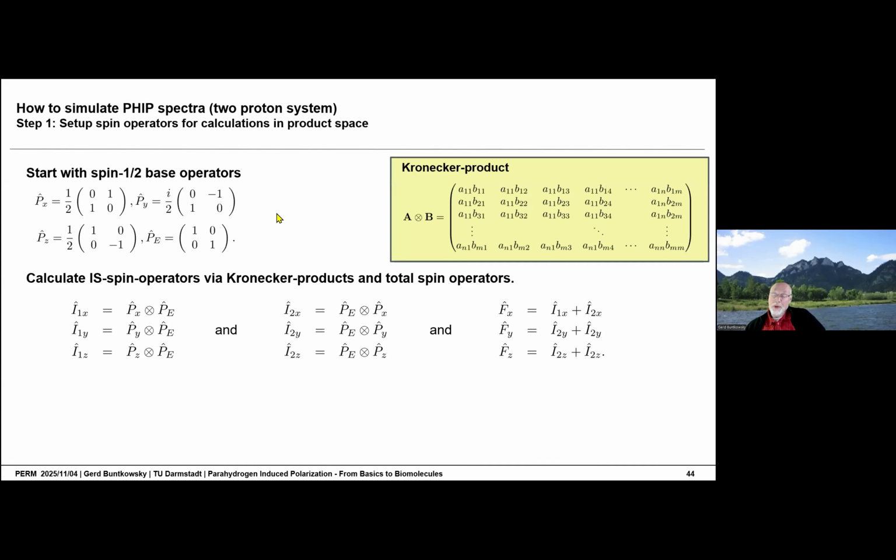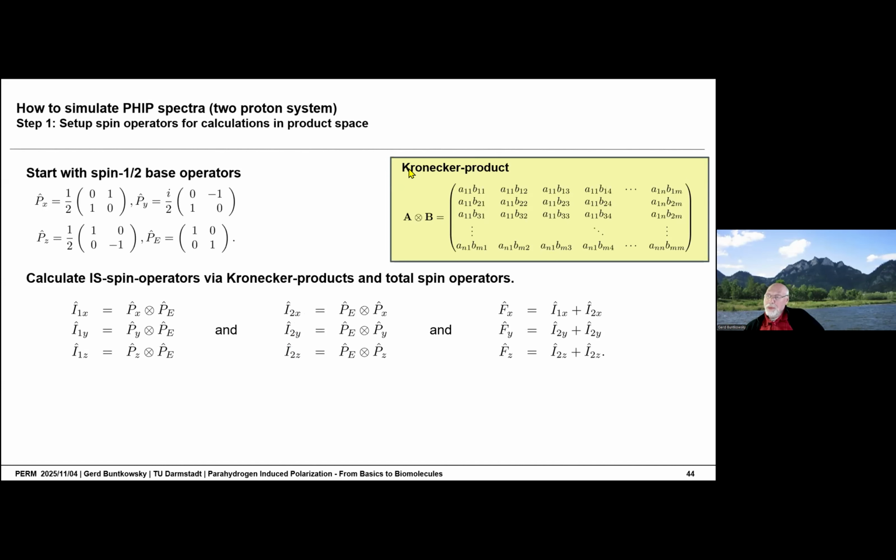And from these operators, we can calculate the operators in a coupled spin system. Since we only have a 2-spin system, we only need to calculate six operators, namely the I1x, I1y, I1z operators for the first spin, and for the second spin, the I2x, I2y, I2z operators.